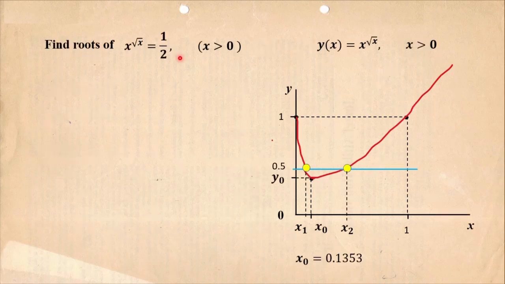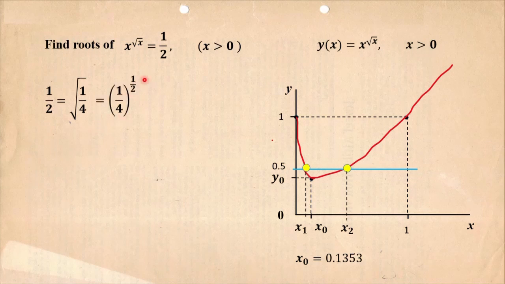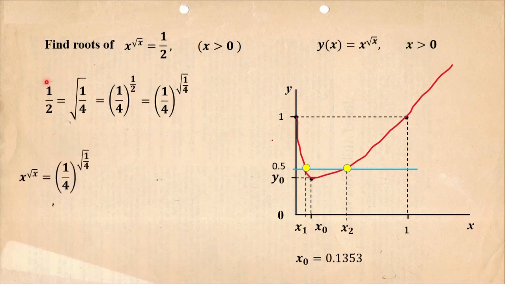First, we consider the following. We take into account that 1/2 is the square root of 1/4. The square root of 1/4 is 1/4 to the power 1/2. Again, we replace 1/2 with the root of 1/4, and now we can plug this into the equation, and we see that x to the power square root of x equals 1/4 to the power square root of 1/4.